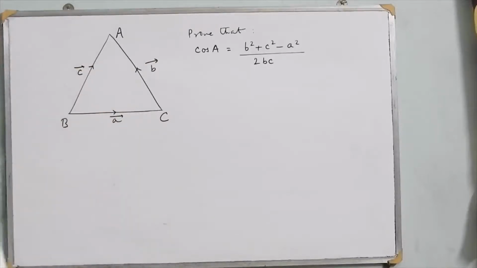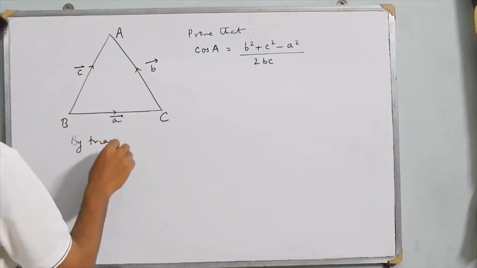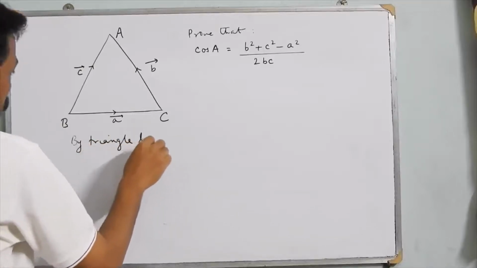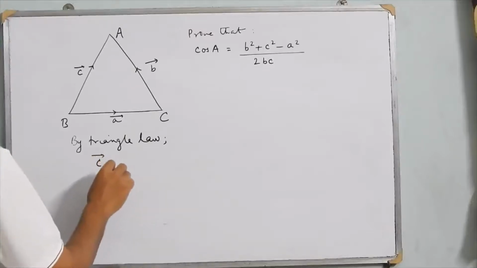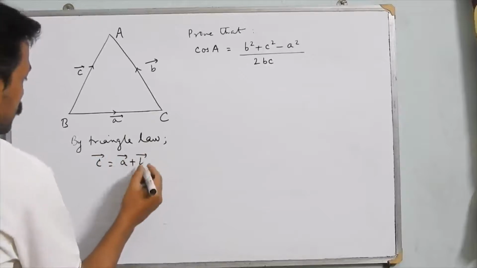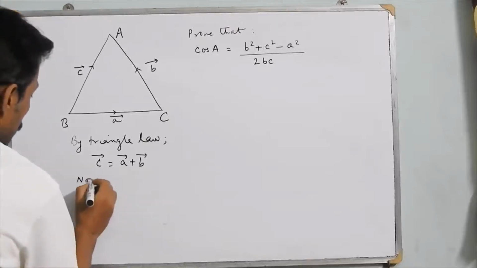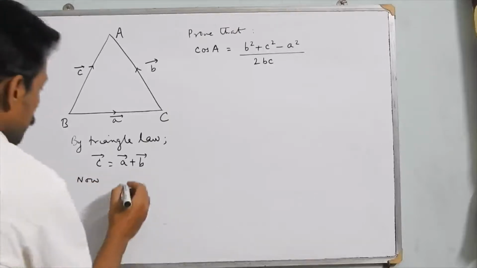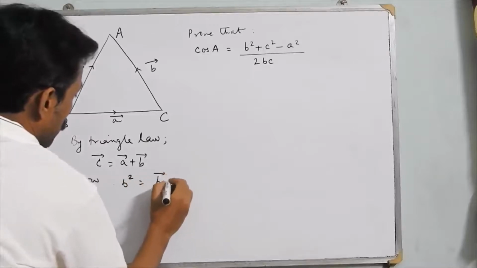So by triangle law, you can easily say that C vector is A vector plus B vector. So let me take the dot product of B with B itself. So now B square can be written as B vector dot B vector.